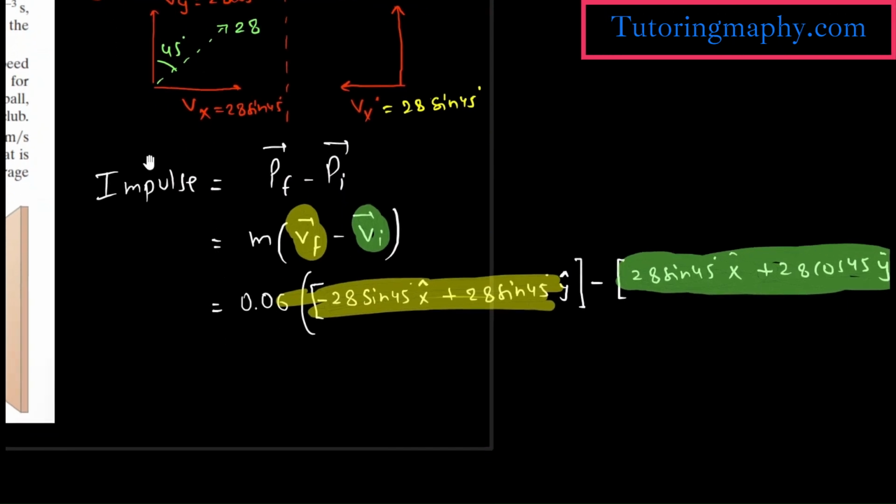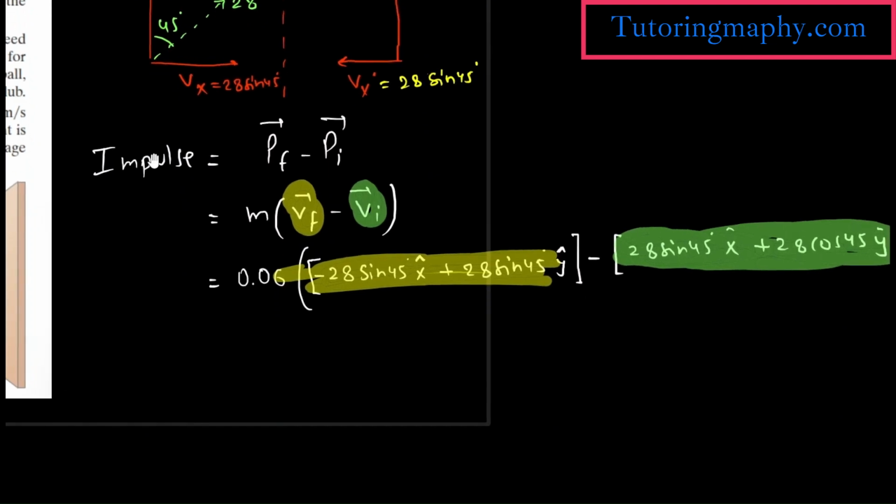Wait, but what's the point of the I cap and X cap? That's to indicate the directions, because once you distribute this negative sign, don't you think the situation is going to look like this? Actually, let's try to understand I cap and J cap, because it will be easy for our future classes as well. It's nothing too complicated.